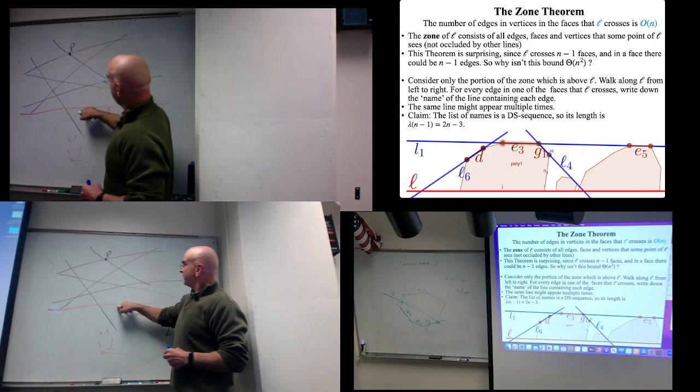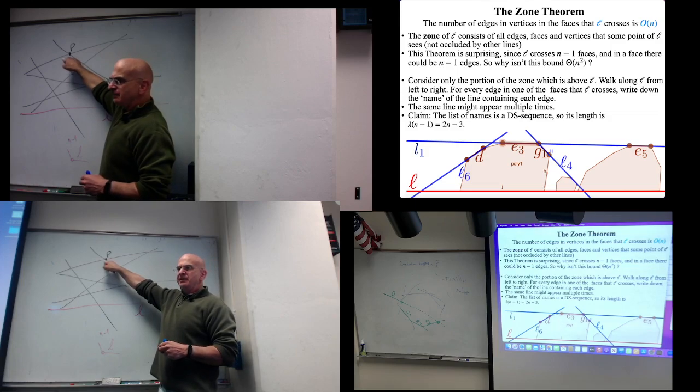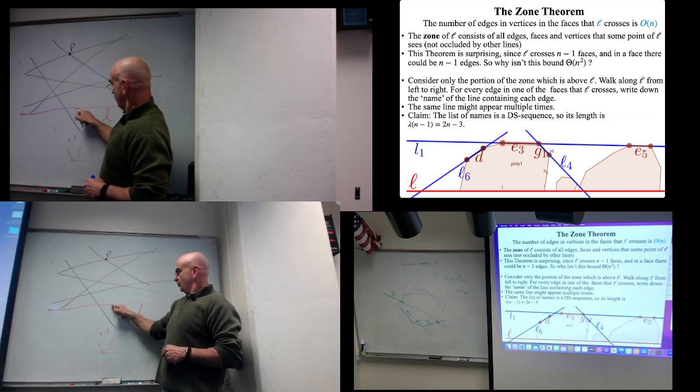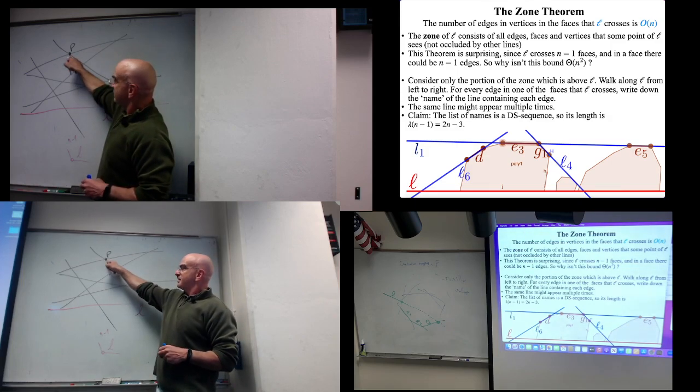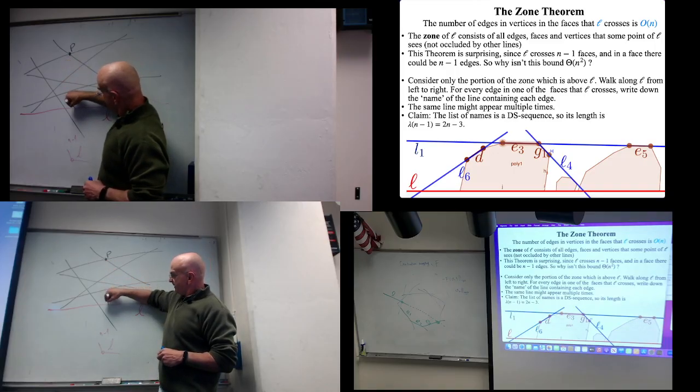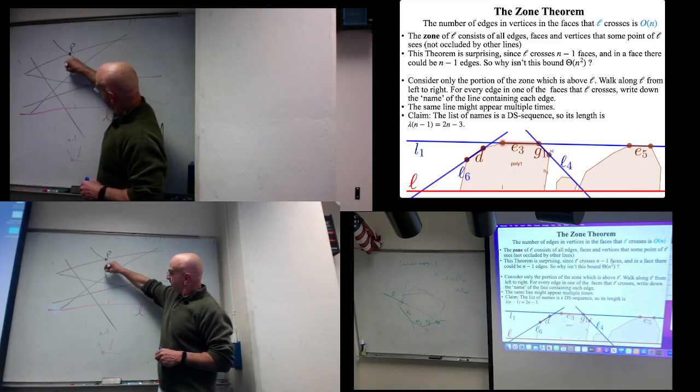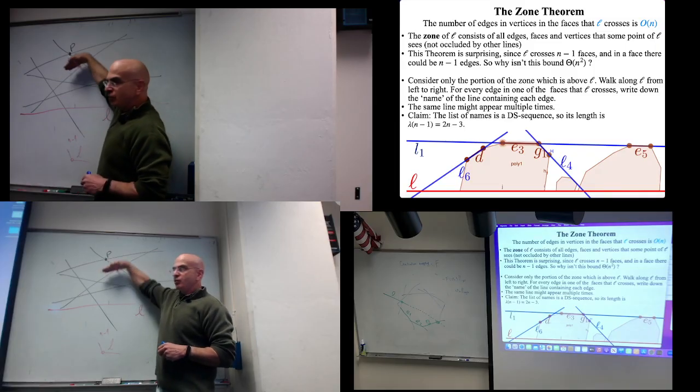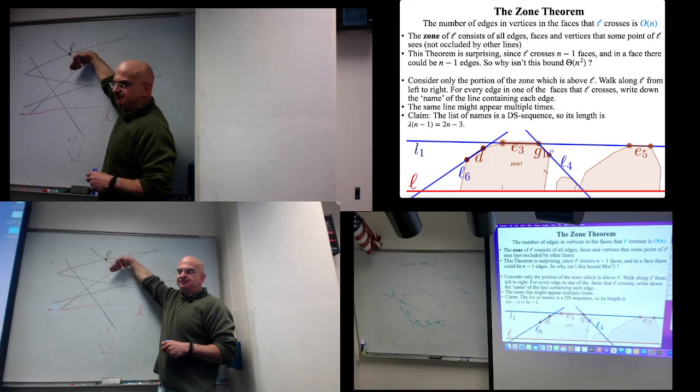Here is L in red. Here is a vertex P. And no point of L sees P. Seeing means that the segment between them is not occluded by any other line.